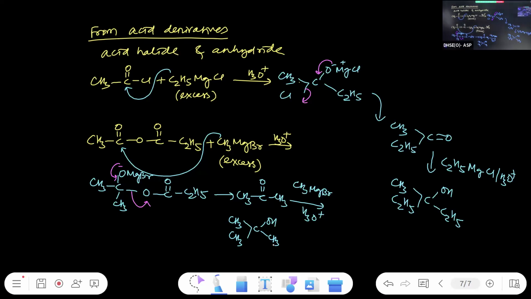Quick. Write the line: alcohols can also be prepared from the acid halide and anhydride by treating with Grignard's reagent. Complete.